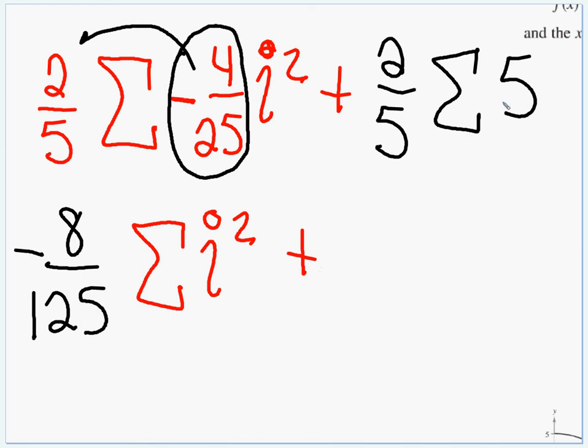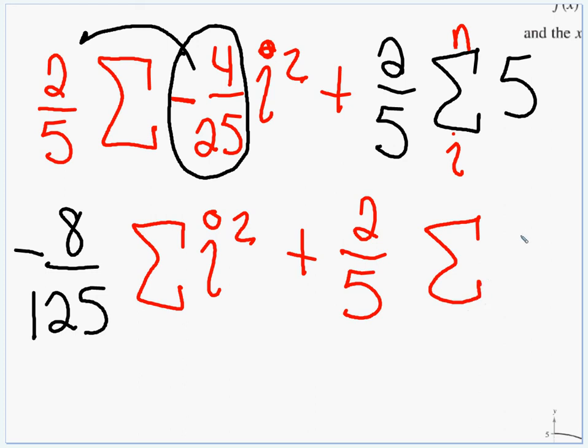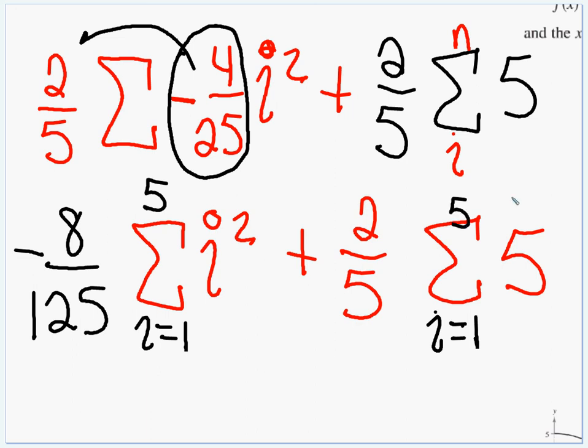Plus, now here, remember, this is from I equals 1 to n. Well, let's just leave this as is for now. 2/5 the summation of 5. Now, I am going to put my I equals 1 to 5 back in there.